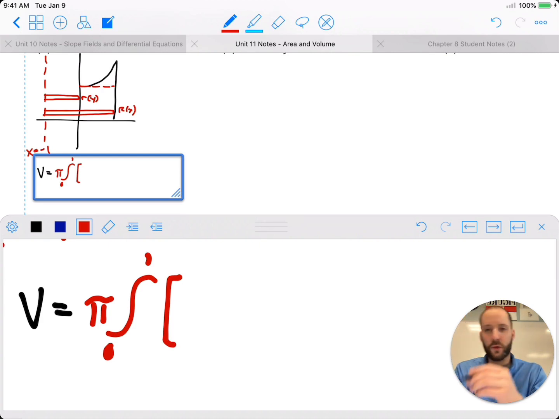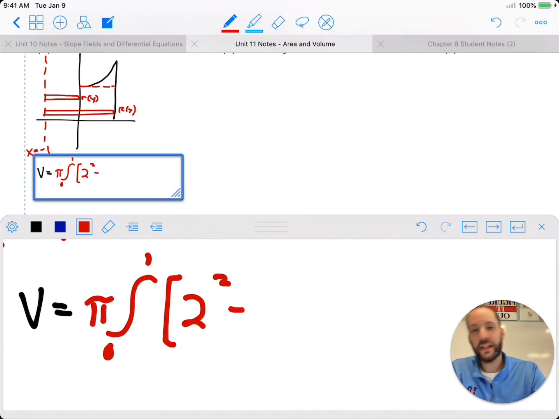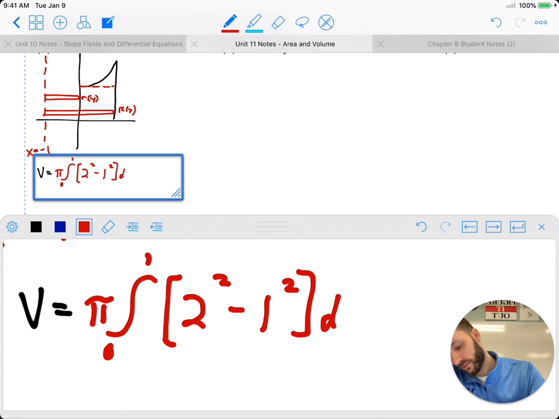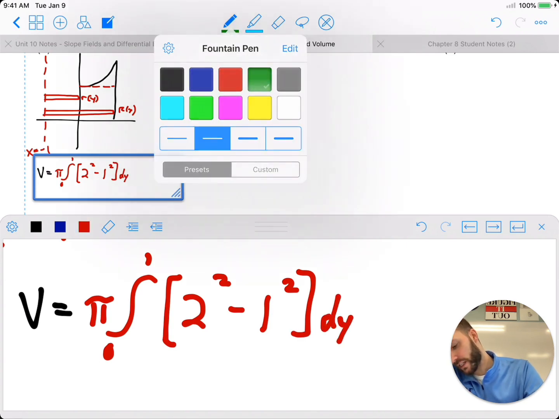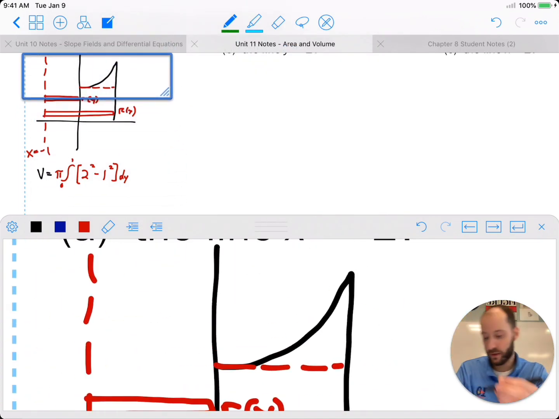Big R would be from -1 to 1, so 2. So 2 squared. Little r would be from -1 to 0. So 1 squared. It really helps when you're doing these to draw pictures, okay?